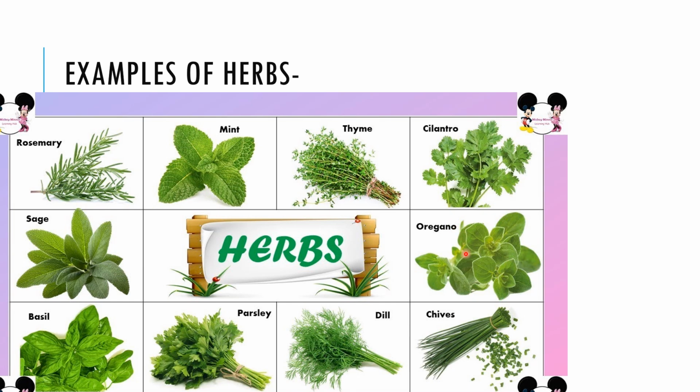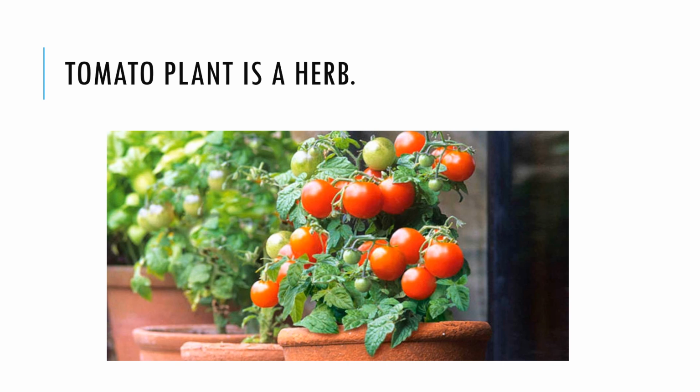Parsley you must have heard in your kitchen, and thyme. These are some of the common herbs. The tomato plant is also a herb. It's very important to know that.